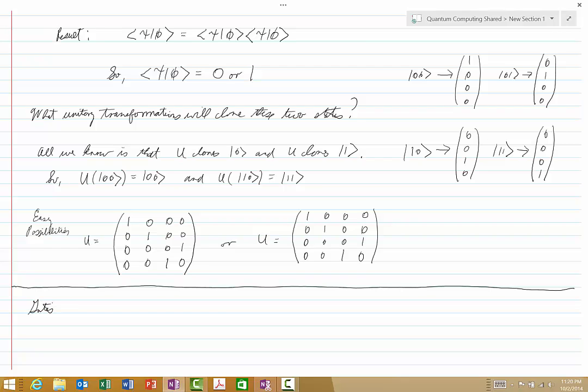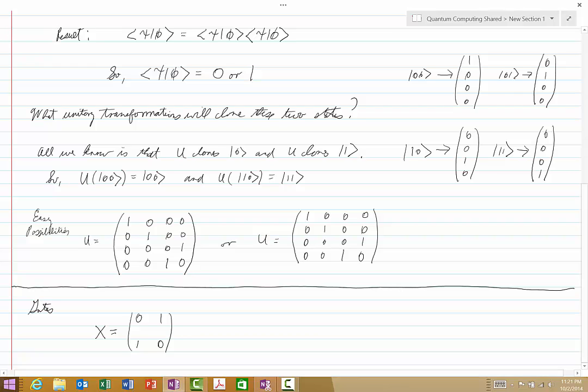So the first gate that I'd like to mention, if you look at page 75 of your text, you'll see a number of gates defined, but one that I want to call your attention to particularly is the one labeled X, which has the matrix representation 0, 1, 1, 0.